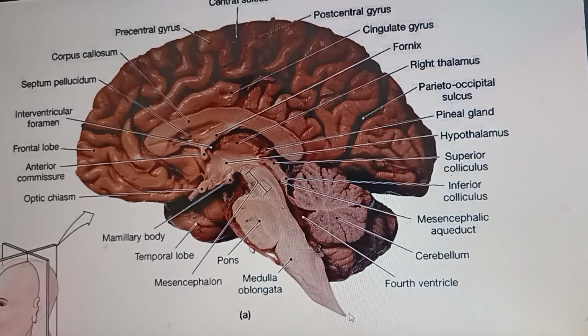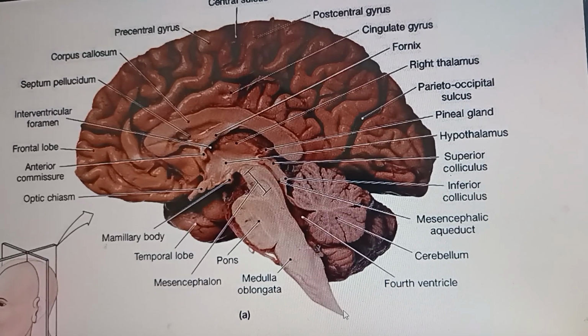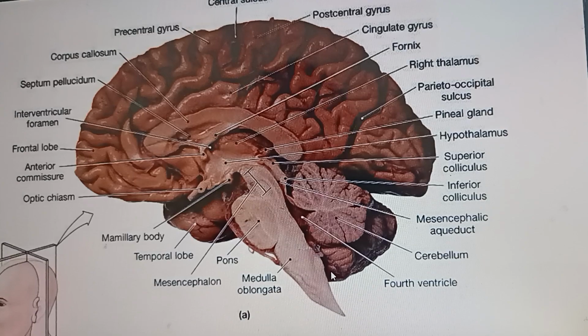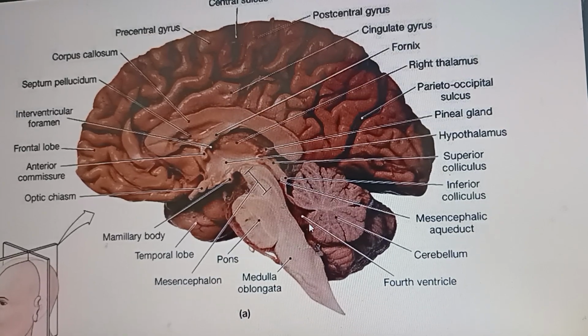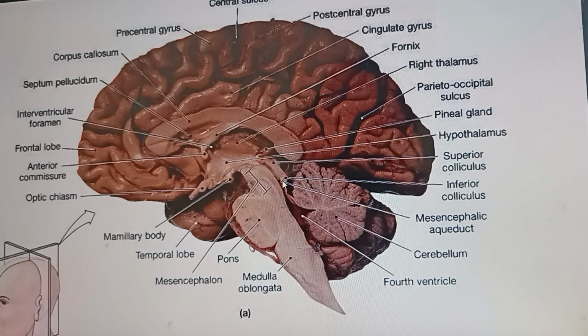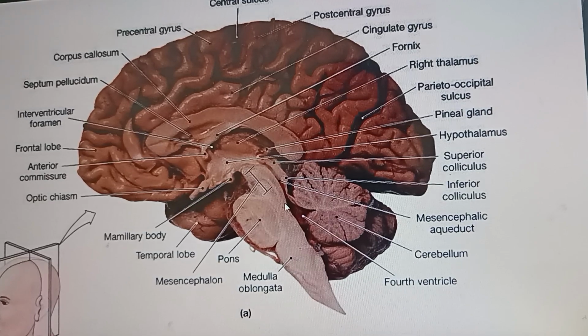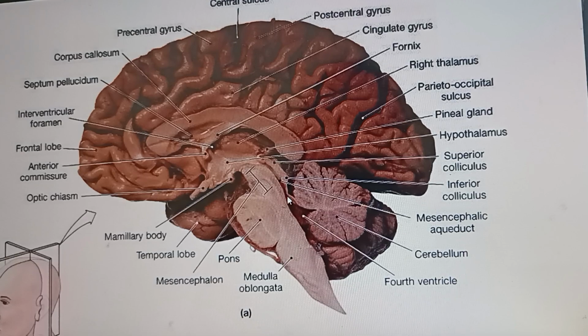Inside the spinal cord there is a spinal canal. As the spinal canal moves up, it opens into the fourth ventricle. Here is the fourth ventricle. You can see a rhomboid-shaped fourth ventricle, which is seen behind the upper half of the medulla and the wall of the pons.